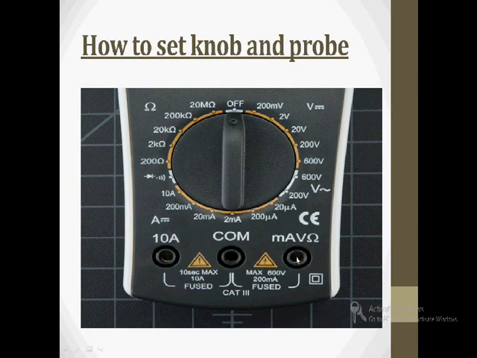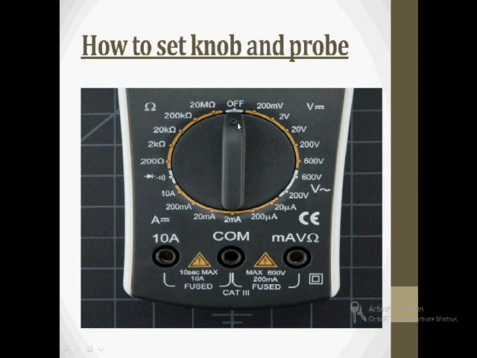So this port, when we measure the current, voltage and resistance, we put our probe here. It has one disadvantage: it can measure the current up to 10 ampere. If we want to measure more current, then we need to take out the probe from this port and put it here. So this is all about ports.